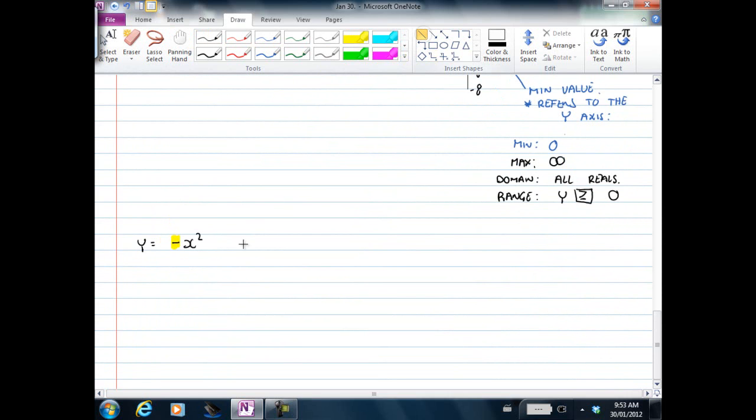We're going to create a little chart again, and I just want you to see what that negative sign does. So choose some values for x. Personally, I like to work with -2, -1, 0, 1, 2. I want you to go ahead, solve for y, graph it out, find max and min, as always.